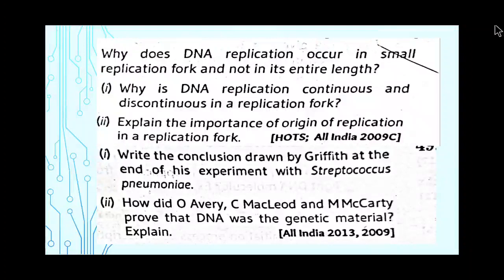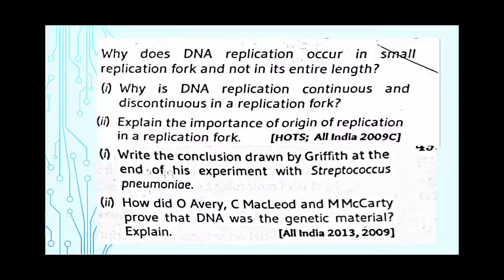Now next is, how did Avery, McLeod and McCarty prove that DNA was the genetic material? Here it is written, you have to explain it. So either you explain it in points. That means the biochemical nature of the transforming principle of Griffith's experiment.